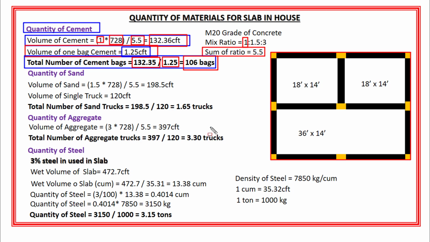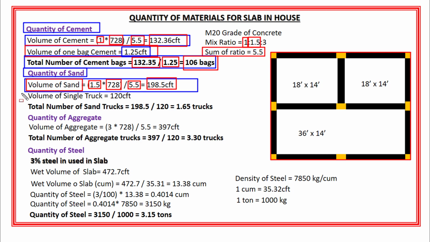Next is the quantity of sand. So the volume or quantity of sand is equal to 1.5, which is the ratio of sand, multiplied by the dry volume of concrete, which is 728 cubic feet, divided by 5.5. And after calculations, the total volume of sand is equal to 198.5 cubic feet, right? Now when you go to the market and ask for sand, the supplier will provide you the sand in the form of trucks. Okay?